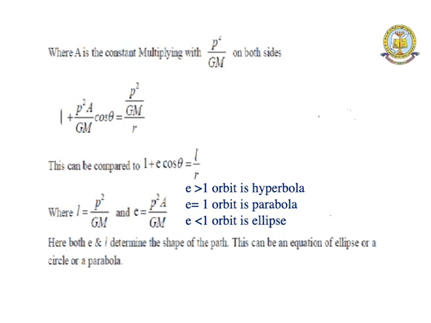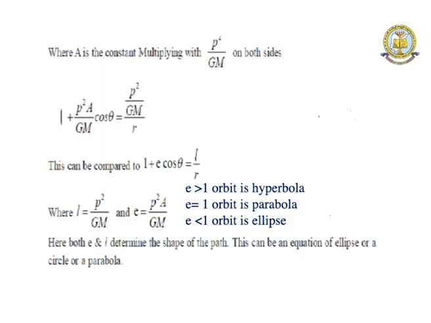So the L and E values determine these three shapes of the path. Here we derived the first Kepler's law equation.